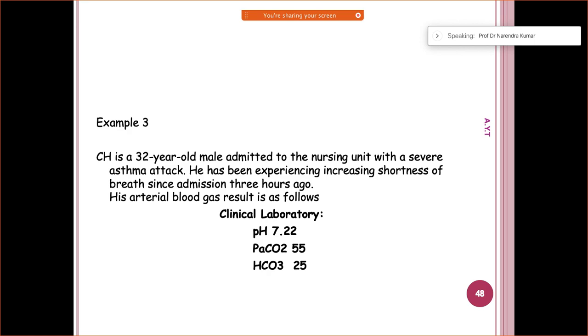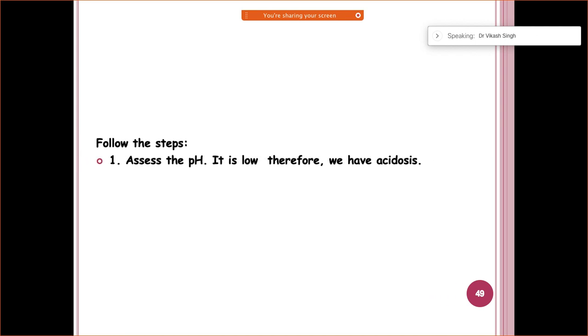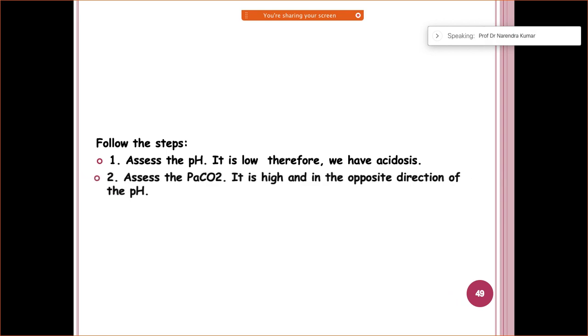So, it is acidosis. Respiratory acidosis. What about the first? PaCO2 is increased. So we all remember, we saw that pH is low, so therefore it is acidosis. We saw the CO2, it is high, right?